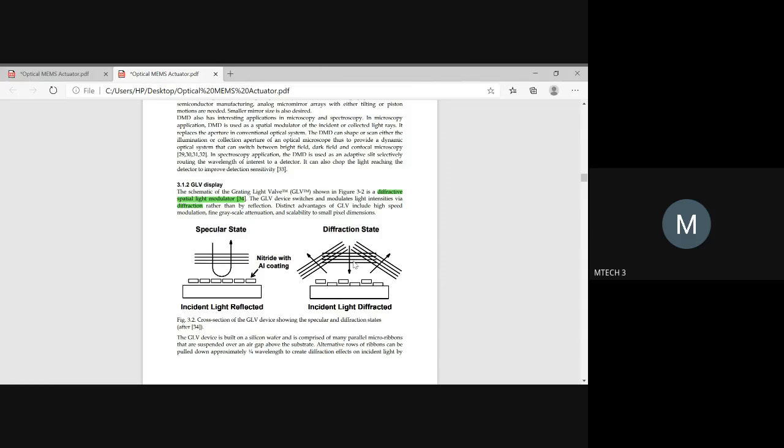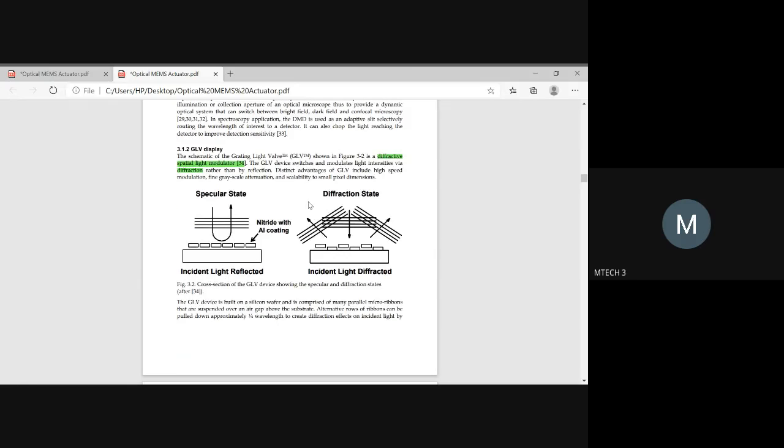So where the electrons come and bombard, it impinges and again gets reflected back. So even in that, optical MEMS is the application area which plays a vital role. This is one more product which is already in use, called the GLV display. You should be familiar enough with it, as it uses the concept of diffraction of light.